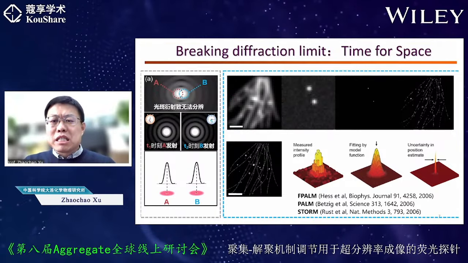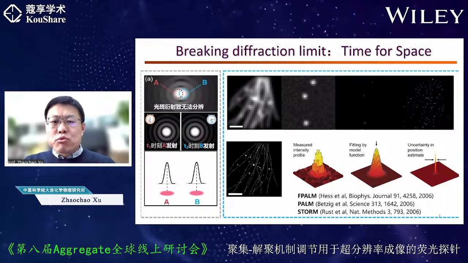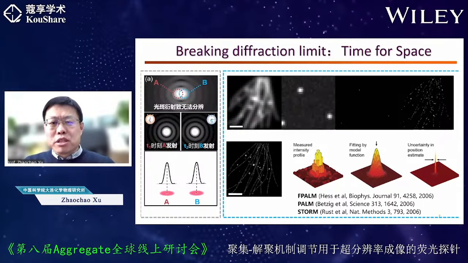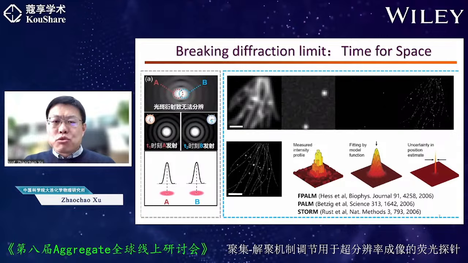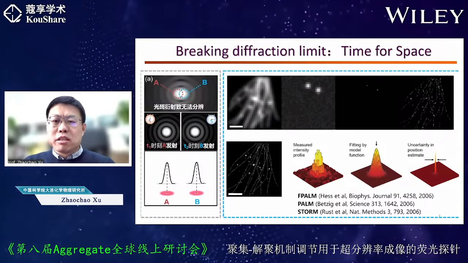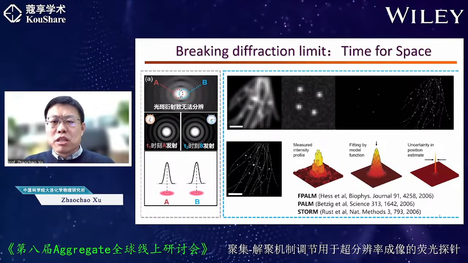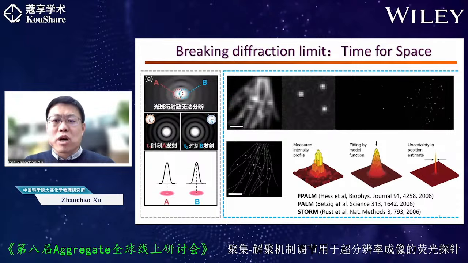When point A emits light at time T1, the convolution of its point spread function yields the true position of A. Similarly, at time T2, the true position of B is obtained.